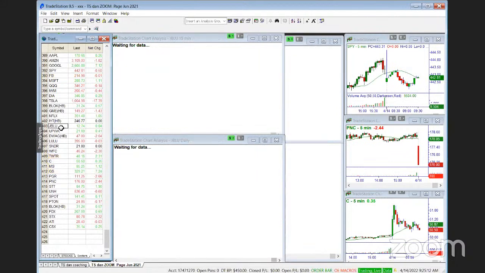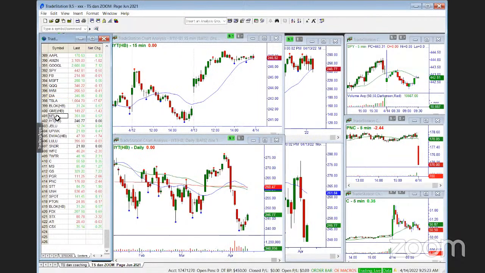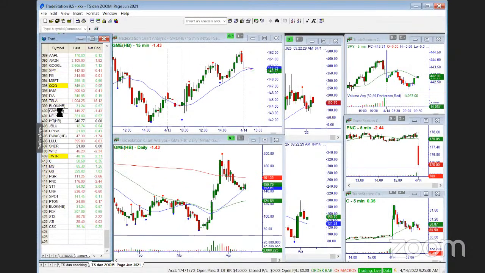JetBlue was on my list yesterday. A nice gap for major support. 30-minute high. Day trade looks fine. Transports. Let's see if we can do any 0 DTEs. GME, I looked yesterday, but there's no juice. Block I mentioned.